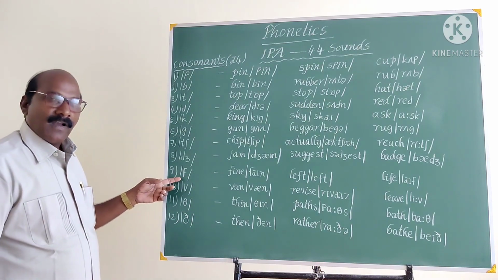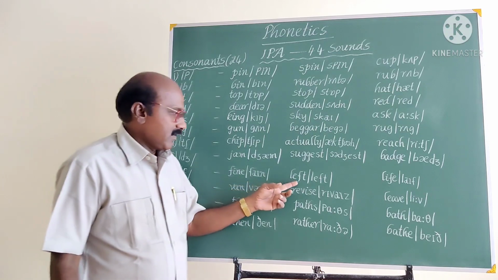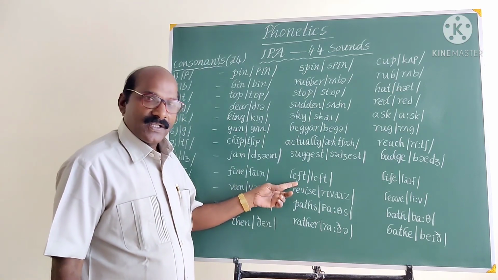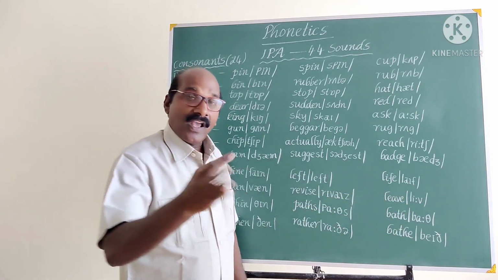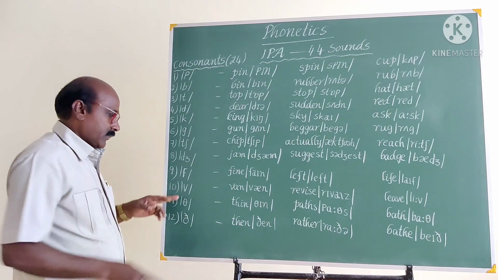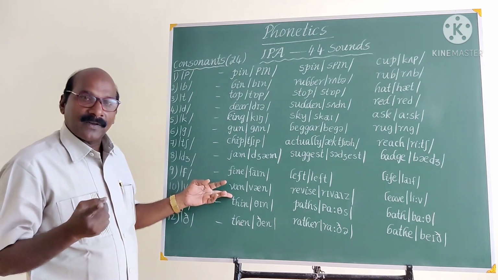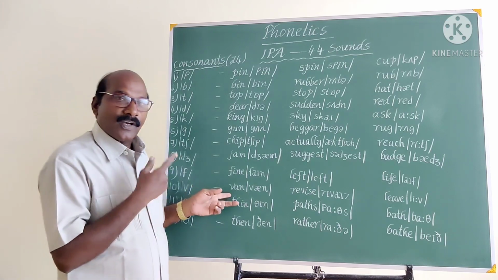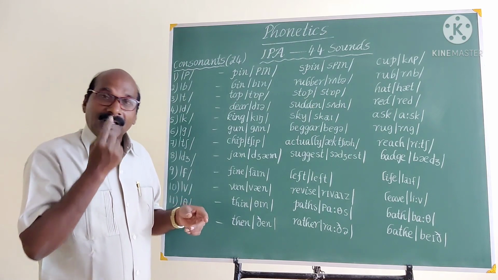This is f, as in fine. Medially, left, and finally, life. This is v. This V sound is somewhat different from the W sound. This V sound occurs when the lower lip touches the upper teeth.